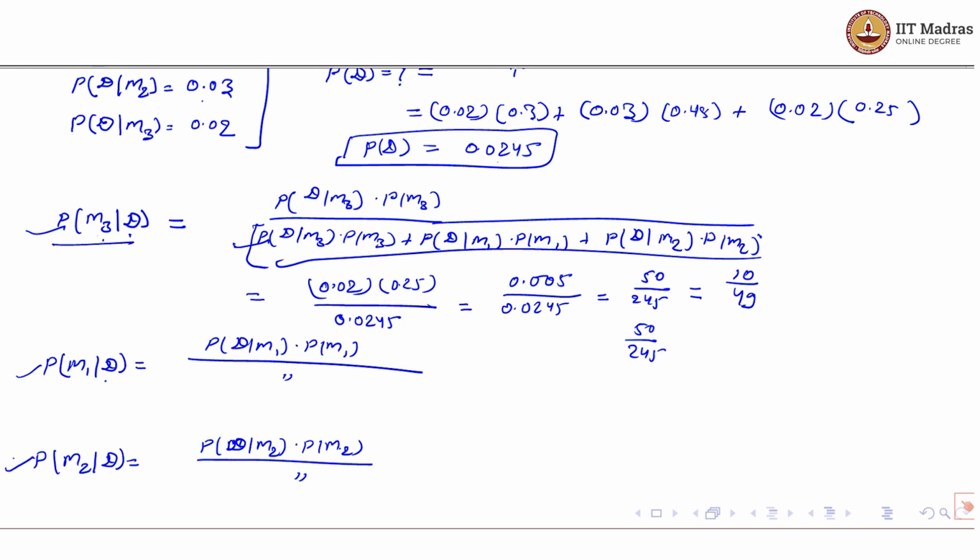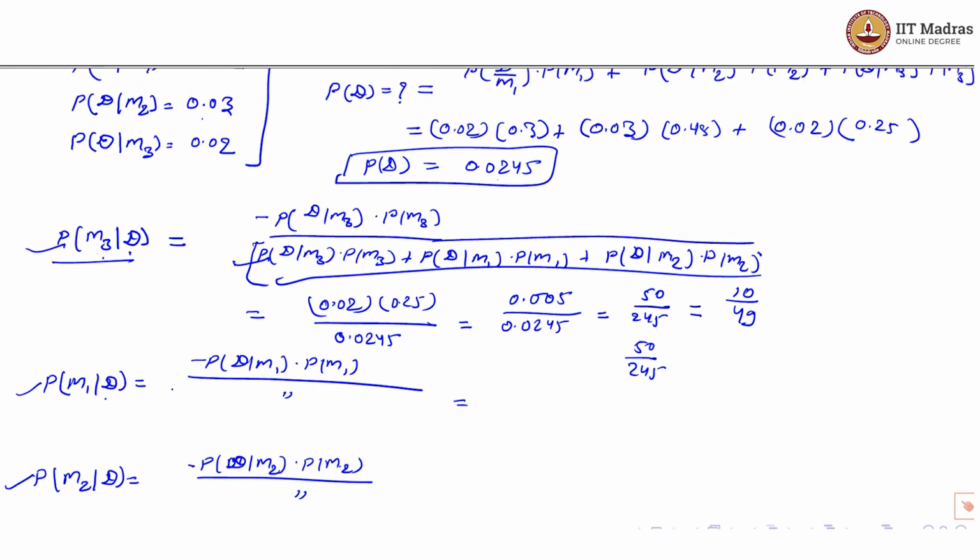So the highest value will occur when the numerator is the highest. So let's check the numerators, because the denominator is the same for all three terms. For M1 it is 0.02 into 0.3, which is 0.006.